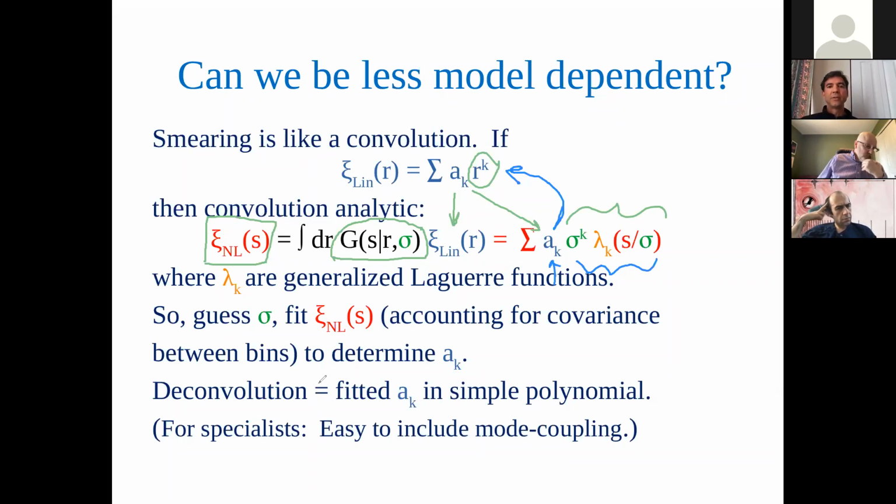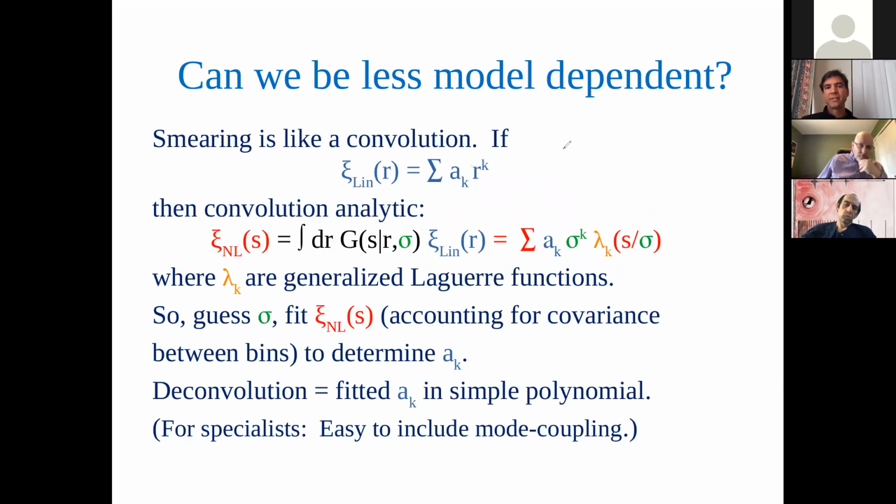And so this is the straightforward algorithm for doing the reconstruction if smearing were the only reason for the difference between the nonlinear correlation function and the initial one. Okay. In reality, there's another term that the specialists call mode coupling, and we put this thing into. Okay, and it's straightforward to include. I just haven't because it just looks messier.